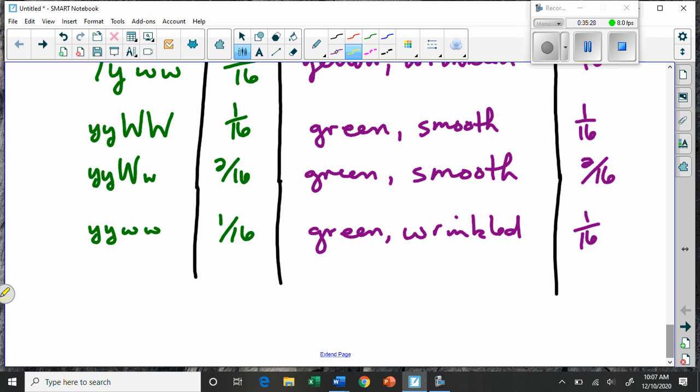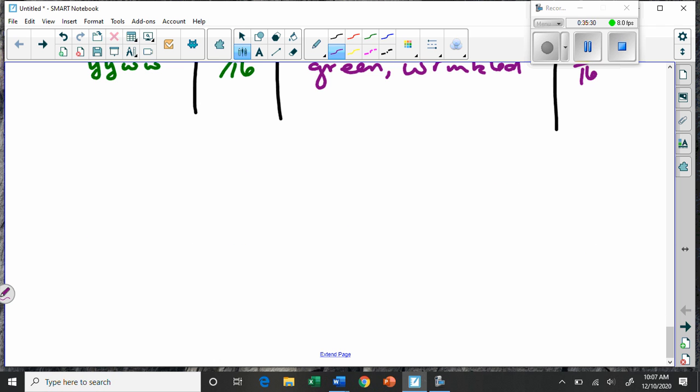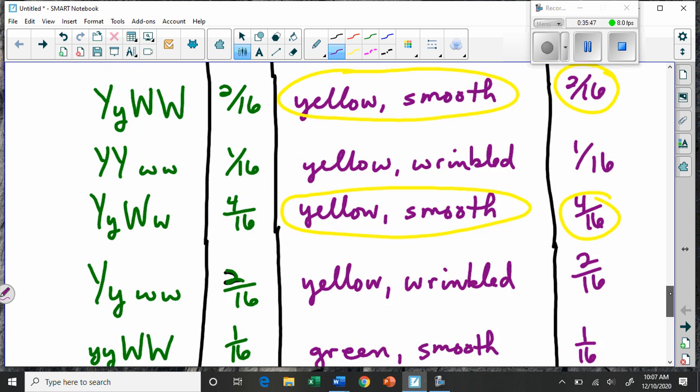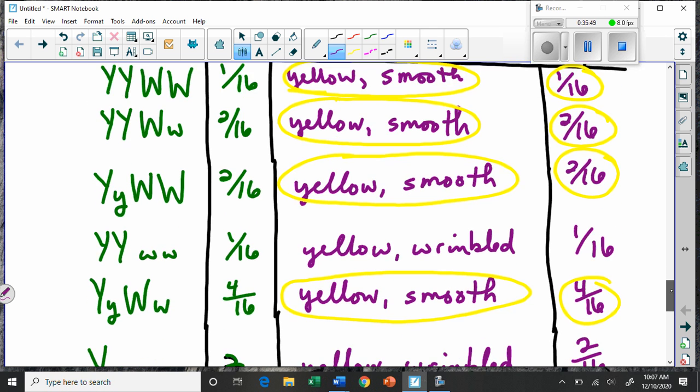So I would write down below here for my phenotypes. So let's put actual phenotype ratios. It would be yellow and smooth, 9 out of 16. Then I go back and I see, okay, what else have I got here?